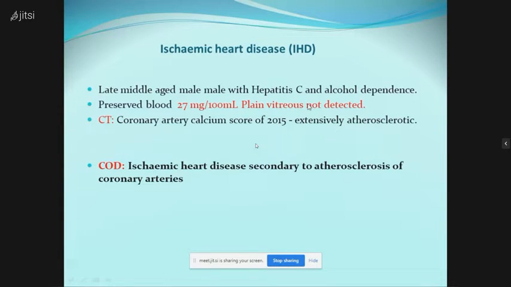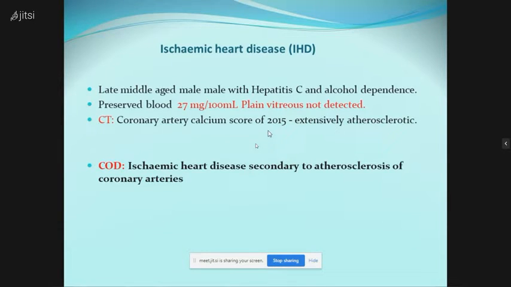So it's important to note that the alcohol here is not from intake, it is from body decomposition. But on investigation, we found that the calcium score for the coronary artery is very high, and the patient died of ischemic heart disease secondary to atherosclerosis of the coronary arteries.